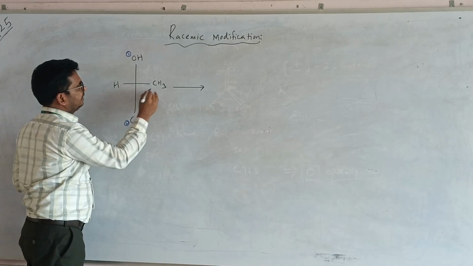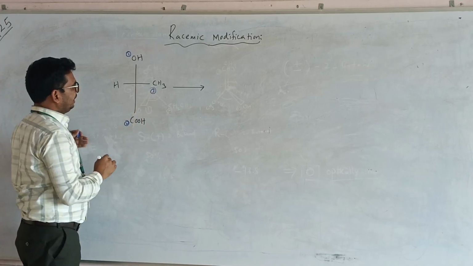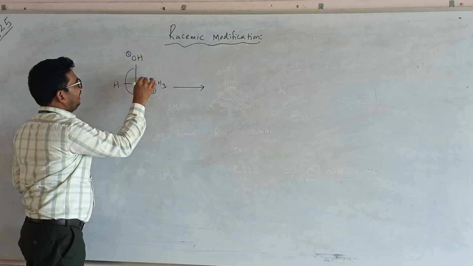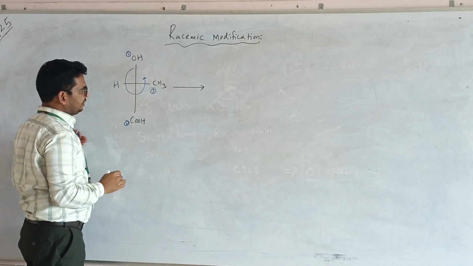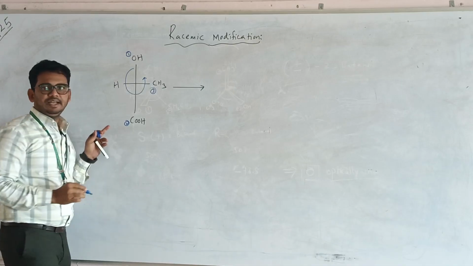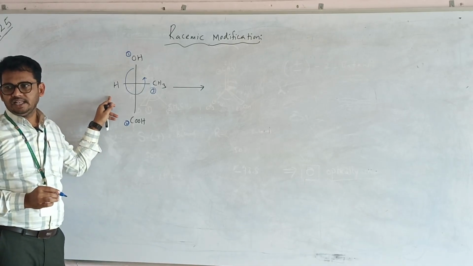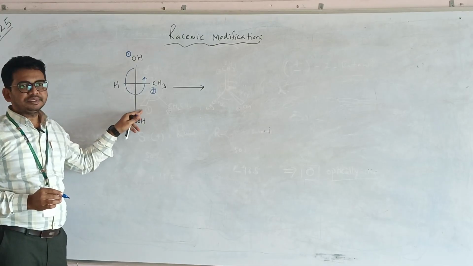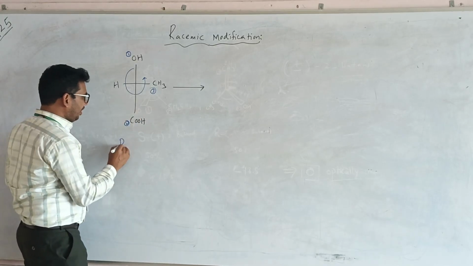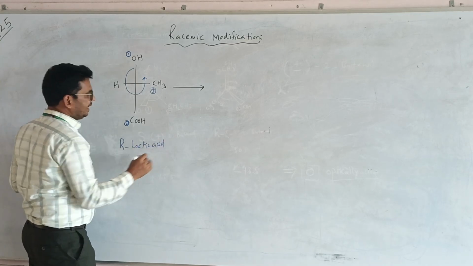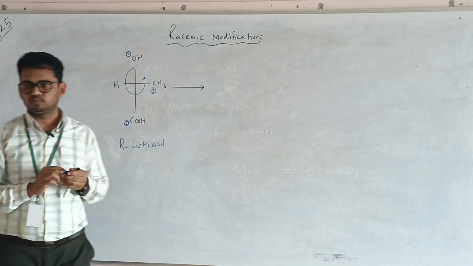This is the second, this is the third. Then in which direction does it rotate? Anti-clockwise. But here another rule is there: hydrogen is present on the horizontal line, then S becomes R. So what type of lactic acid is this? R lactic acid. I think it is very clear now.